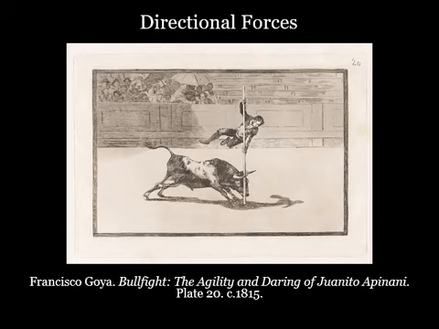So in the example we have before us by Francisco Goya, Goya has isolated the man and the bull in the center of the composition. He's also created this kind of sense of drama and suspense by having spectators in the background.